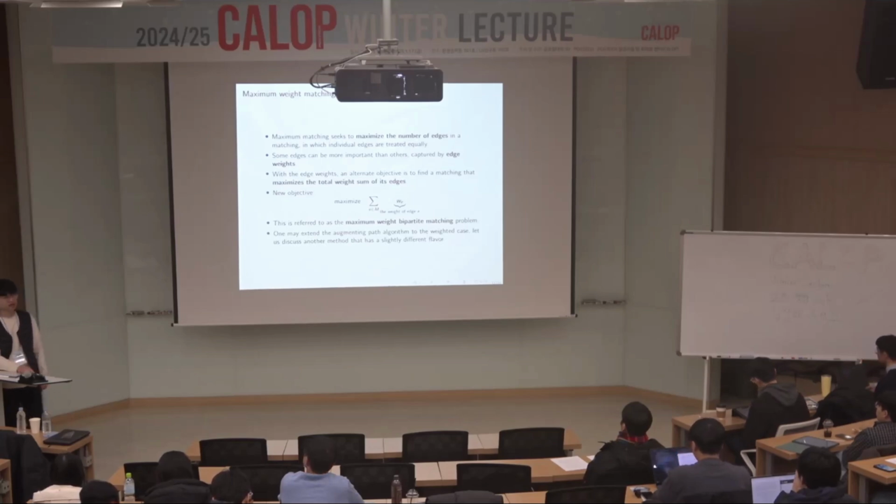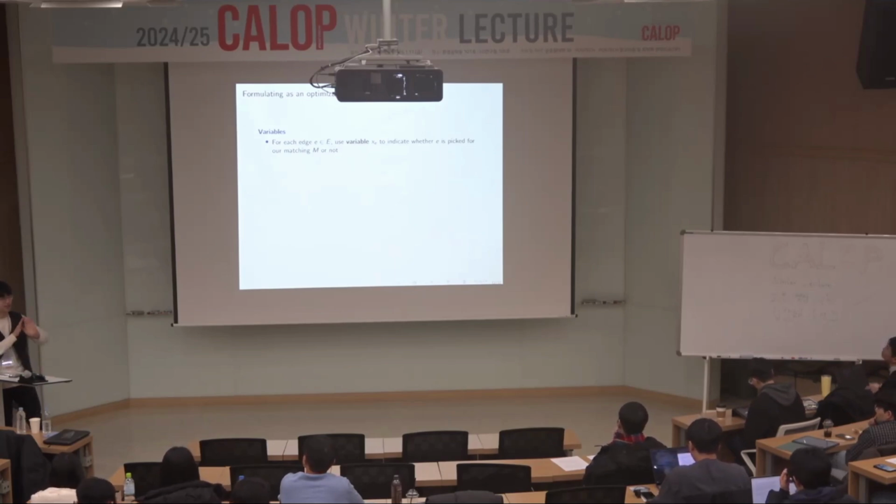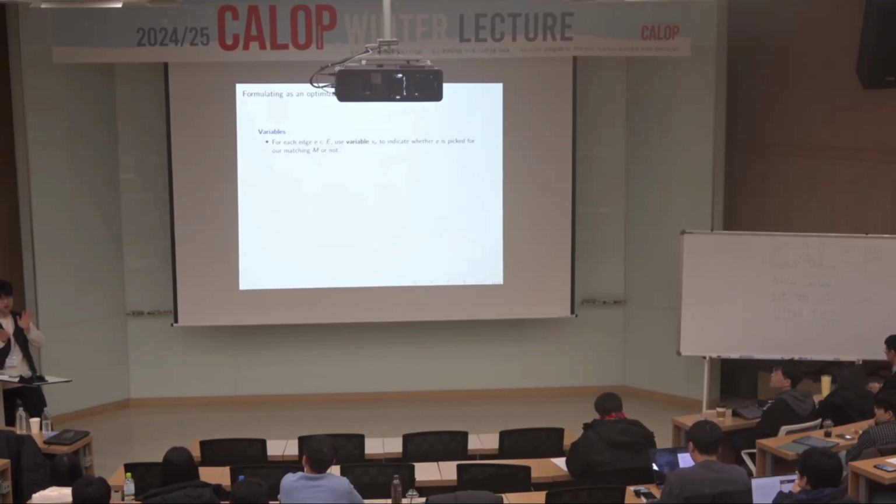There's a way of extending the previous augmenting path algorithm to this weighted case, but I'll not discuss that. Instead, I'll give you something different from this combinatorial algorithm, and that will be based on something called the optimization problem. I guess the title of this course is combinatorial optimization. As I said yesterday, there are two orthogonal directions.